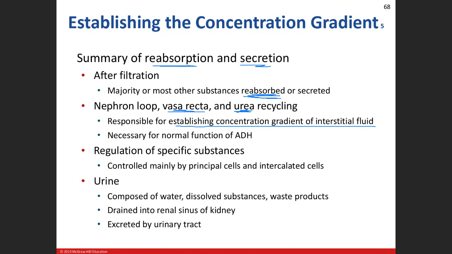Remember, when you see concentration gradient, you're thinking that's our platform for the movement of substances in and out of things, namely the tubular fluid out into the interstitial fluid and then into the blood vessels, the capillaries.